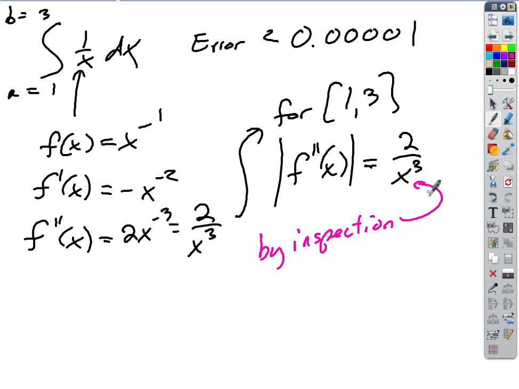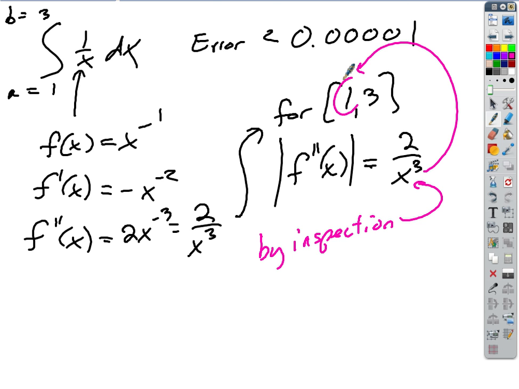By inspection, we know that the maximum value, we're looking for maximum value, not minimum. The maximum value would have to be where? If we minimize this fraction when the bottom is big, we maximize it when the bottom is small, right? So the maximum value of this weird animal on this interval has to occur at 1, where the bottom is the smallest. Small denominator equals big fraction, right?